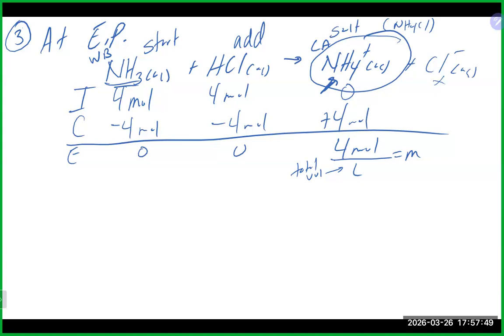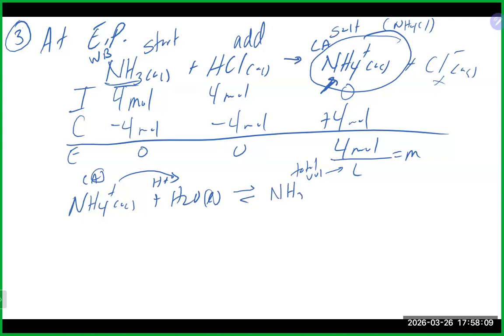So we will need a second ICE table here. And once again, because it comes from a weak base, it will act as an acid, which means when it reacts with water and goes through hydrolysis, it's going to donate the H plus over. Remember that in a hydrolysis reaction, it always makes where it came from, so it will make NH3, and it will make H3O plus in this case.